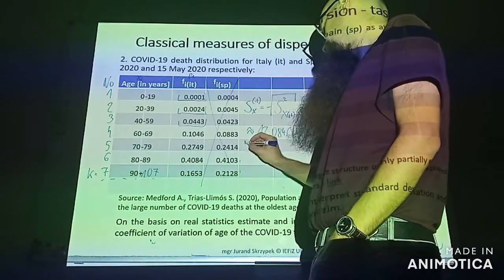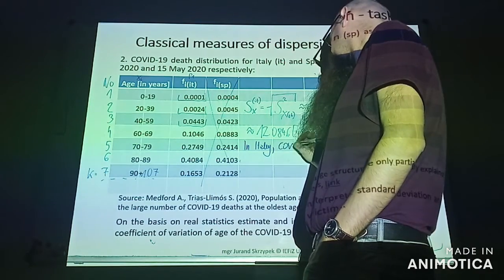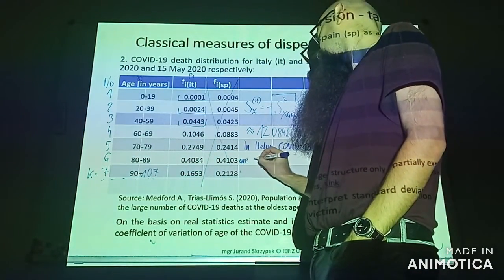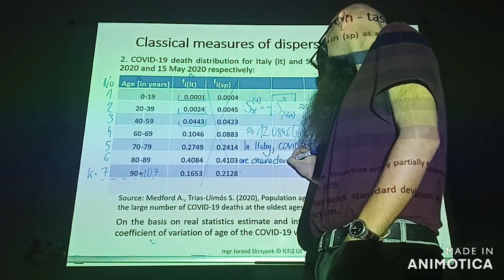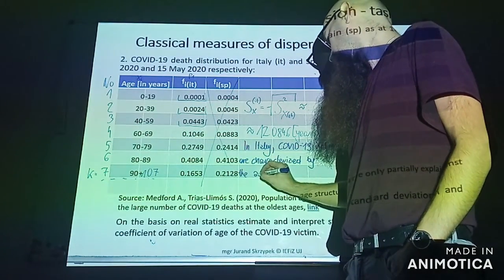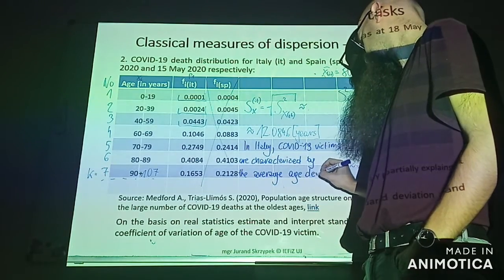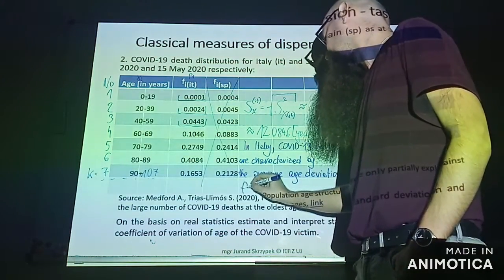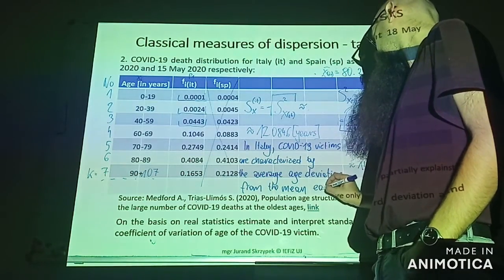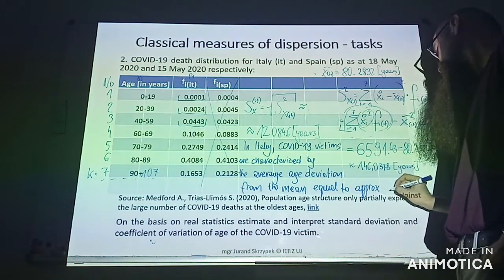So the interpretation is following. In Italy, COVID-19 victims are characterized by the average age deviation from the mean equal to approximately 12 years.